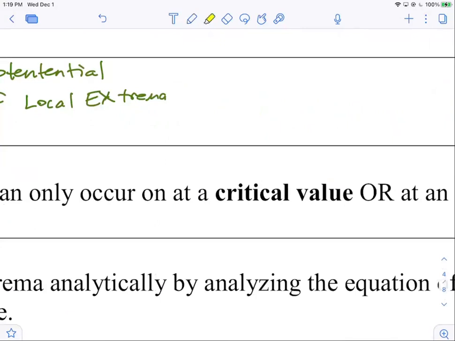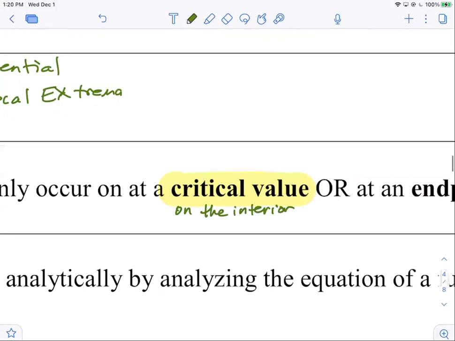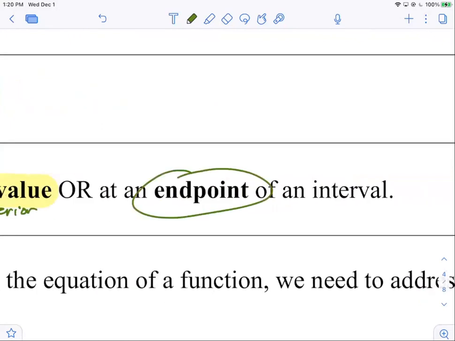They can occur at a critical value on the interior, or at an endpoint, right? Which is also going to be technically a critical value. It's a special critical value that can't be a local extrema, but it can be an absolute extrema. Okay.